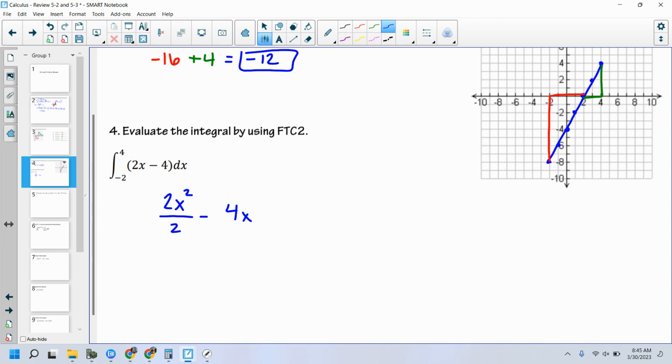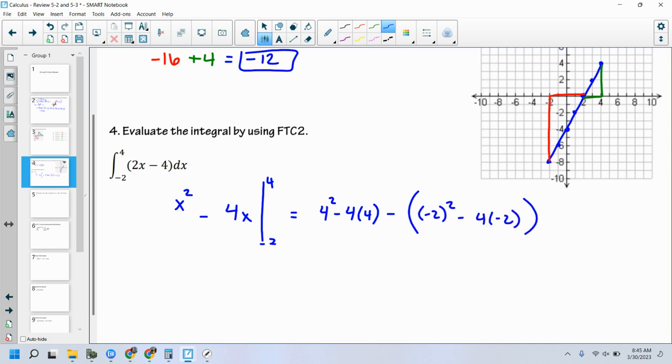Bump it up, divide by the power. And that's from negative 2 to positive 4. Top minus bottom. We know that's just going to be x squared minus 4x. So it's going to be 4 squared minus 4 times 4, minus the whole chunk of negative 2 squared minus 4 times negative 2.